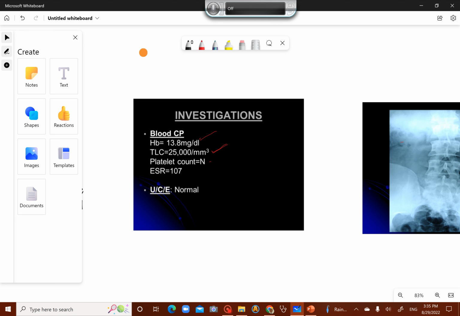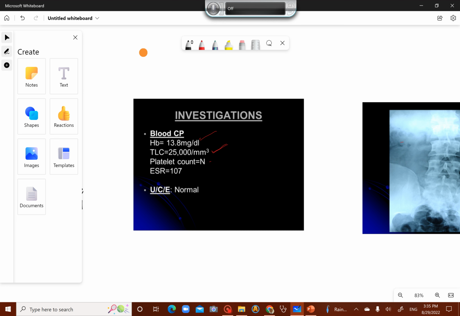Plain X-ray abdomen done over here, not very significant except some shadowing in the region of the psoas muscle, but not very significant. Chest X-ray was done to rule out any pulmonary pathology or cardiac pathology, all within normal limits.